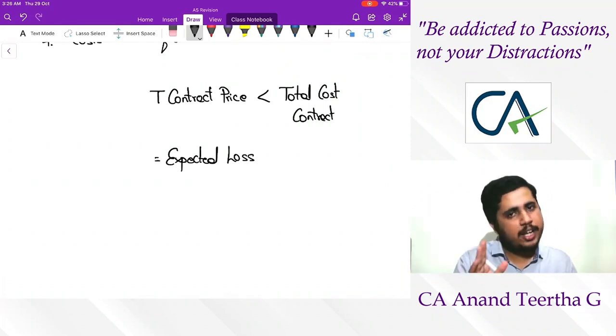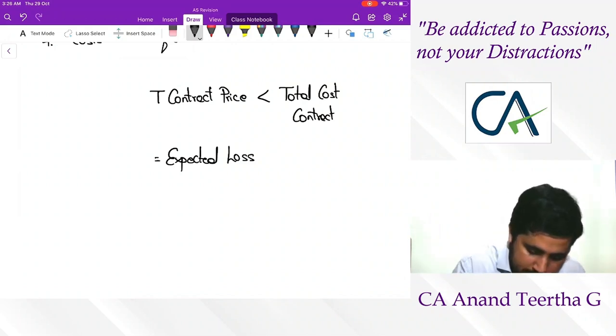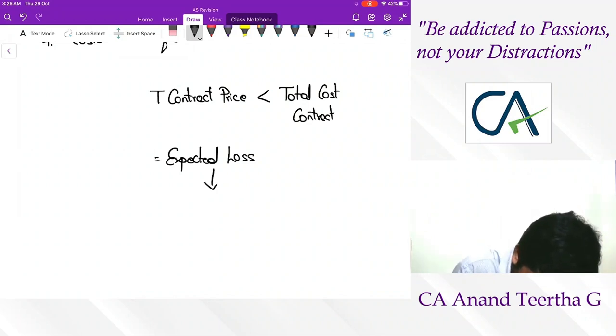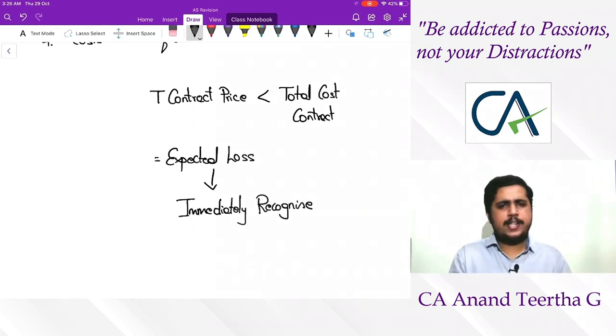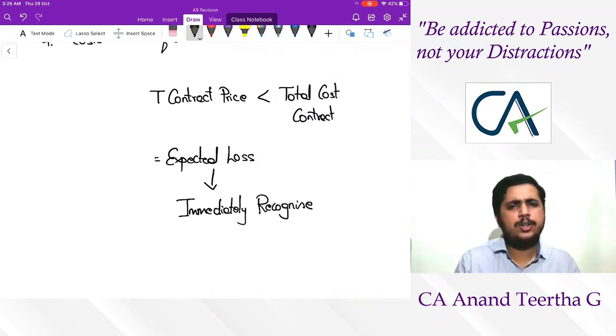So therefore he has to perform, and he has to perform under a loss, and that loss, what does it tell? It tells that you should immediately recognize it. You are not supposed to wait for anything.